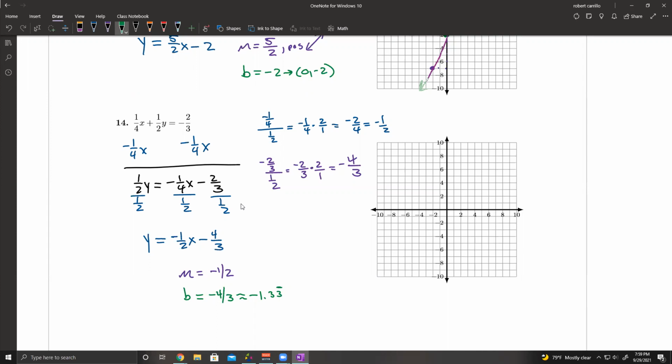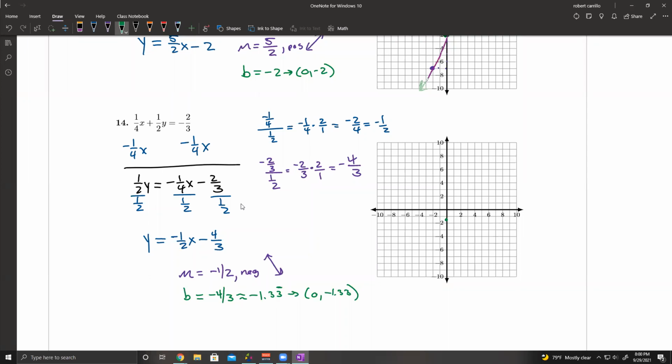So -4/3. Okay. So our slope is -1/2, which is negative, which means we'll look like that. Okay. So we will find 0 and -1.33. We're going to plot that. So there's -1 and -1.33.